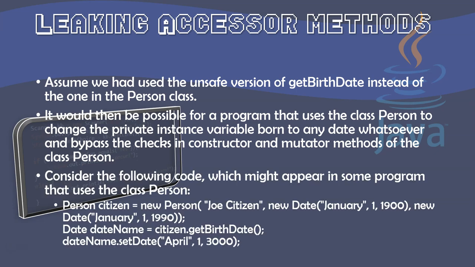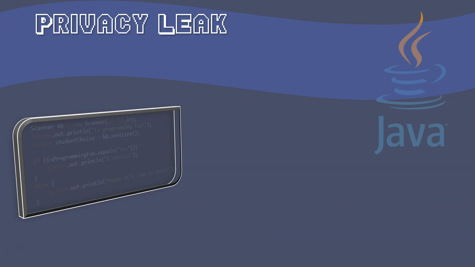So if we look at this code, which might appear in a program that could use that class Person, we have Person citizen equals new Person("Joe Citizen", new Date(January 1st, 1900), new Date(January 1st, 1990)); Date name equals citizen.getBirthDate(); name.setDate(April 1st, 3000). And you might be wondering, wait, 3000? Well, let's see what this actually causes to happen.